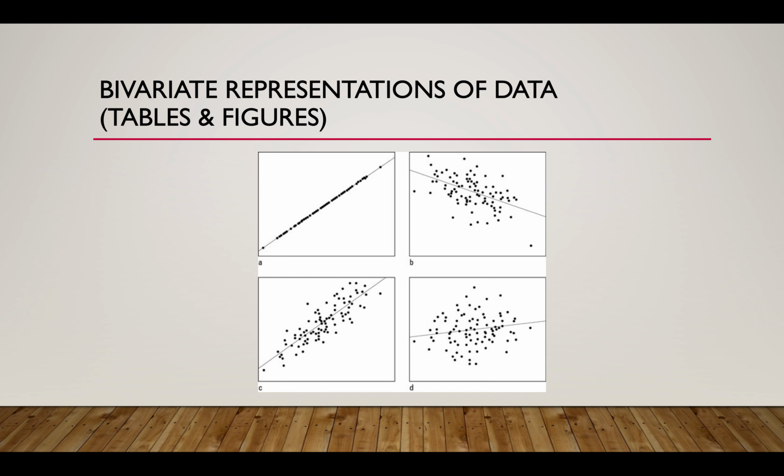So if we look at these figures, we see that in figure A, we have basically a perfect relationship. You see that there are a number of observations, and that those observations fit perfectly on a fitted regression line.